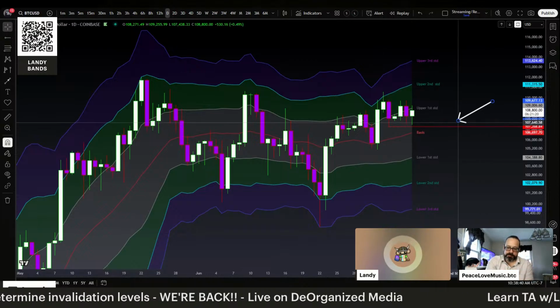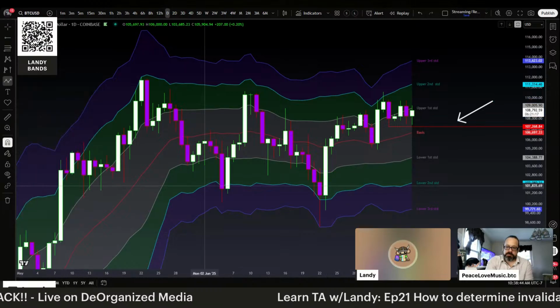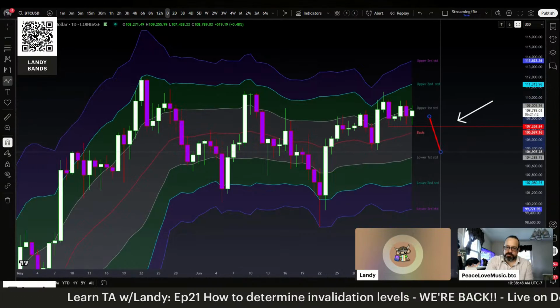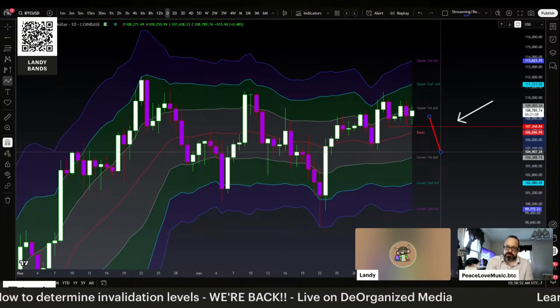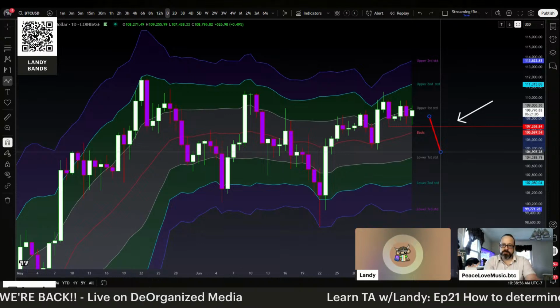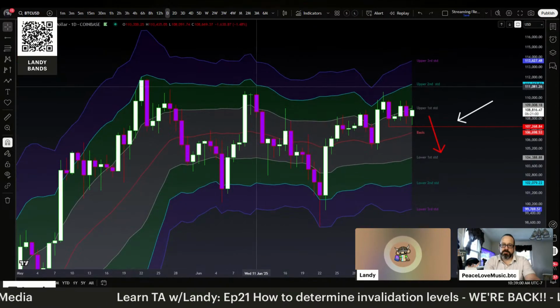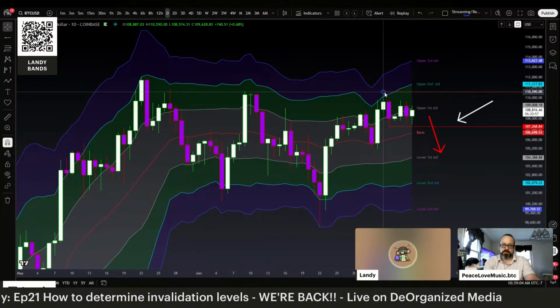Because we would be getting a trend break. So if we were to see a breakdown below here, then we now have a trend break. It invalidates trend continuation to the upside until we see a clear shift back to the upside, which would be back above this high, right?